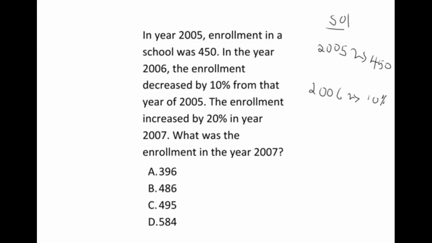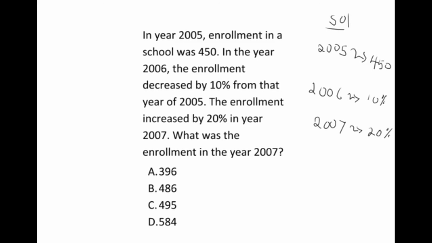Then we are told that the enrollment increased by 20% in the year 2007. Then in the year 2007, the enrollment increased by 20%. Then we are asked what was the enrollment in the year 2007.